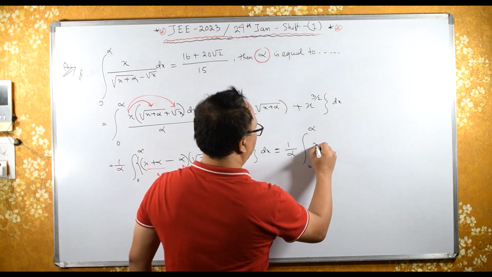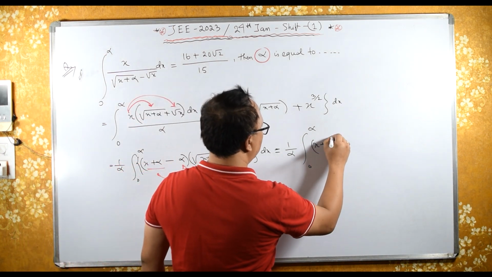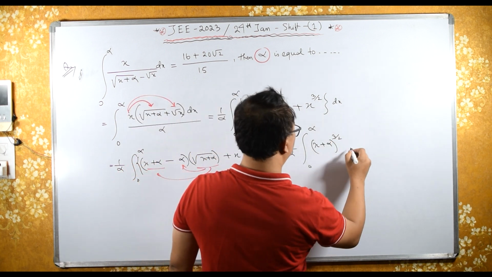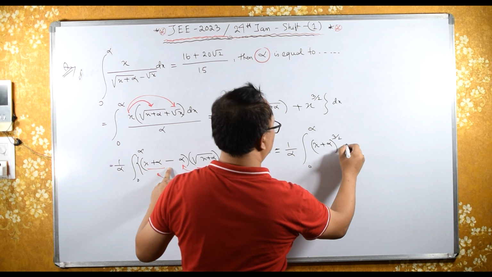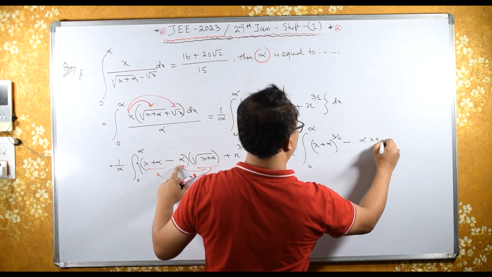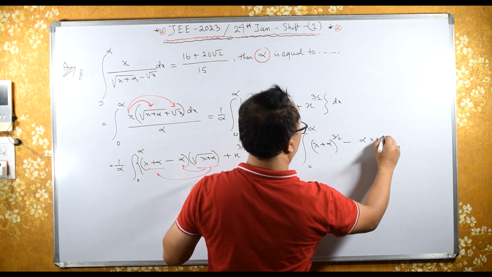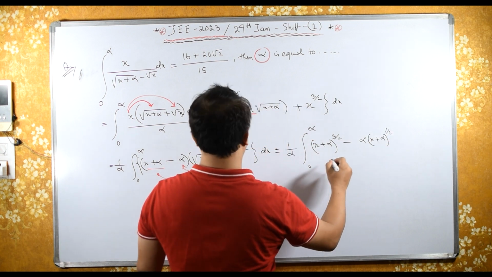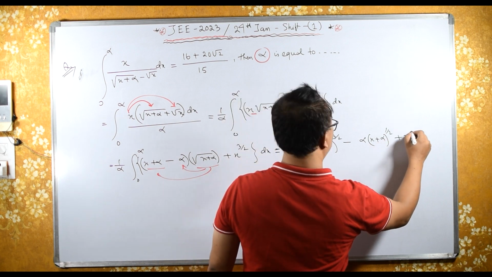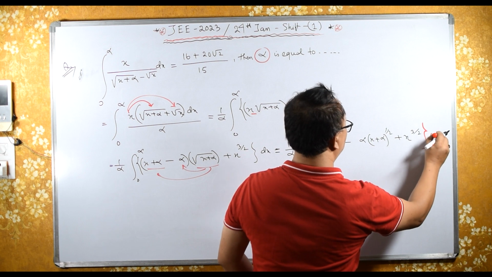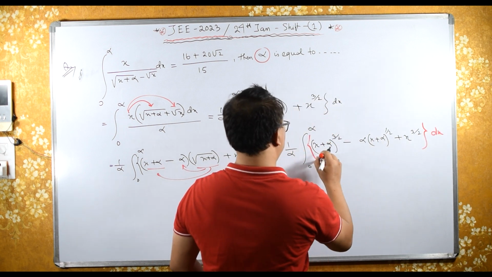So we have x plus alpha raised to 3 by 2, and then minus alpha into x plus alpha raised to half, and then plus x raised to 3 by 2, into dx.